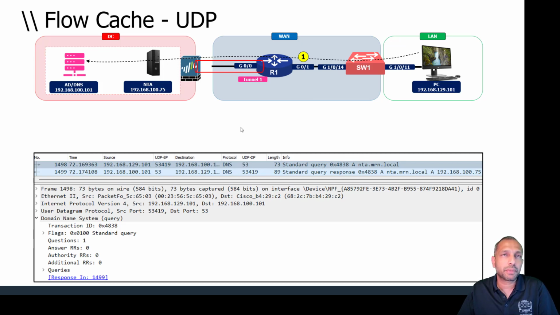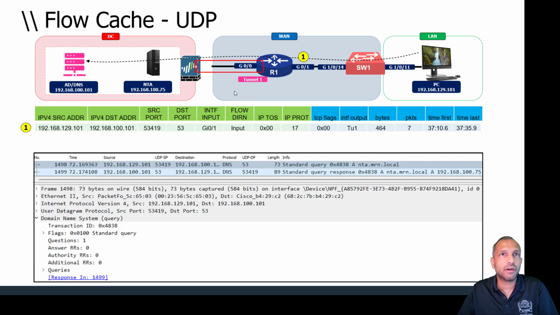Whenever this happens, if you look at the flow cache, you will see that a flow is created for this DNS query. Why? Because the flow is identified by these unique fields: source IP, destination IP, source port, destination port, input interface, and the flow direction. So in this direction, a flow will be created.